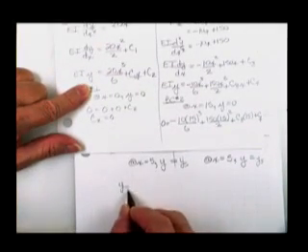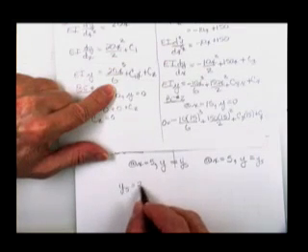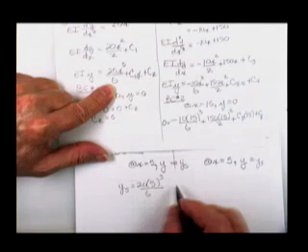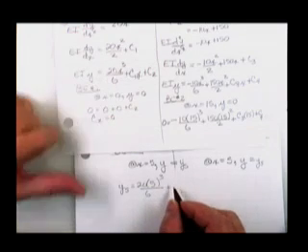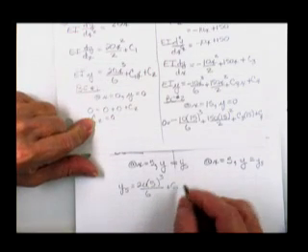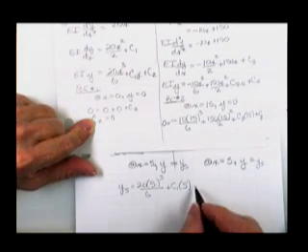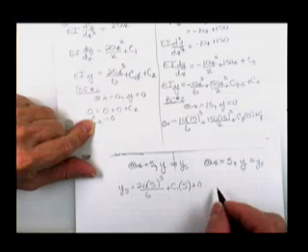Y sub 5 is equal to 20 times 5 cubed divided by 6 plus C1 times 5 plus C2, which we already found was 0.